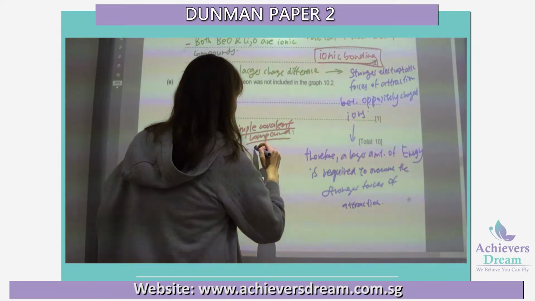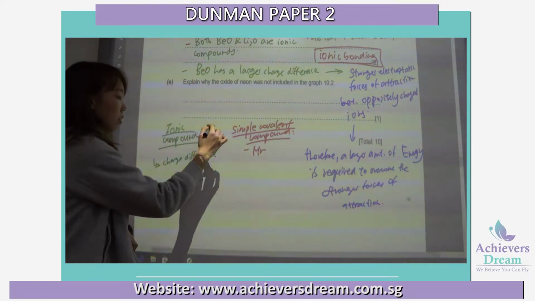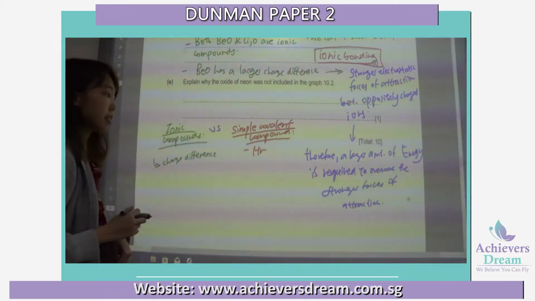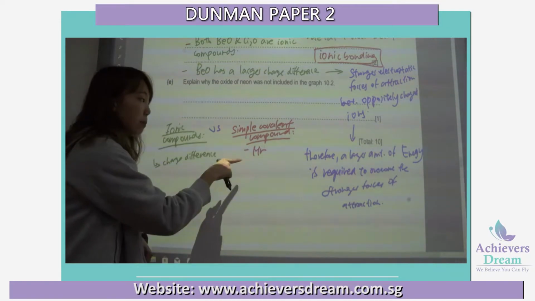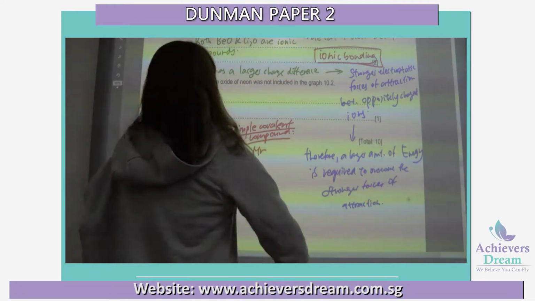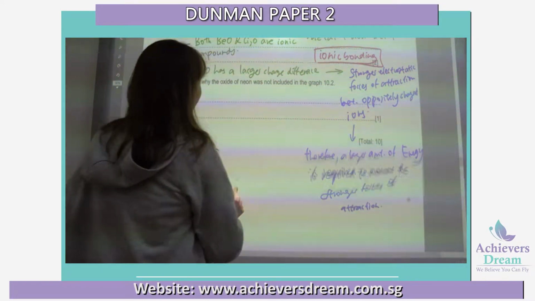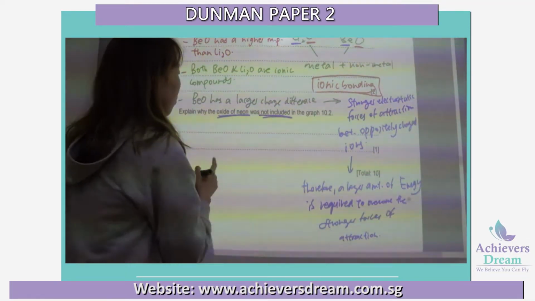I use the Mr to compare. Okay, so this is the difference. Ionic compound and simple covalent. For ionic compounds, I use charge difference. For simple covalent compounds, I use the Mr.